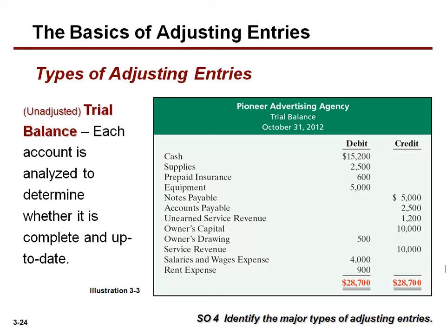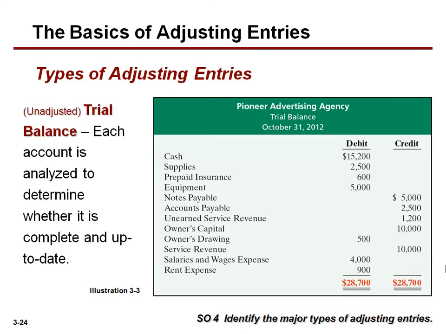Now, I'm going to briefly jump ahead to the final product. After we've done adjusting journal entries, we'll come up with an adjusted trial balance, which will have a different look, a different position of financial condition. Let's briefly look at the end product after we're done with all the work in this chapter. So from an unadjusted trial balance, end of a period, a month or a quarter, or even a year, we have certain financial conditions which must be refreshed.